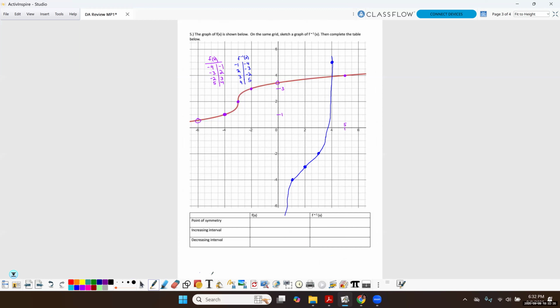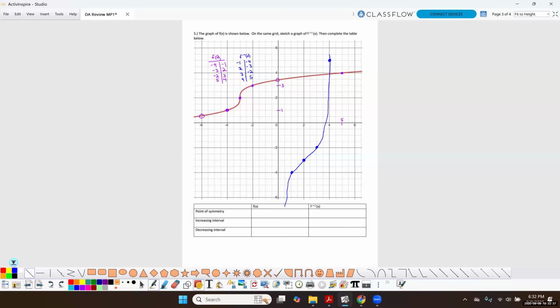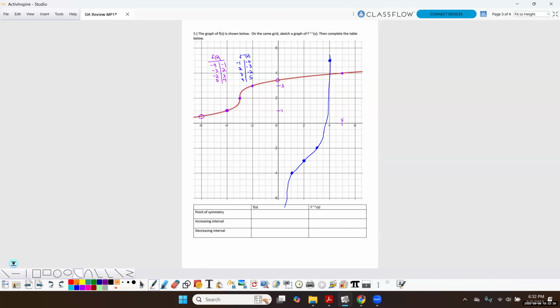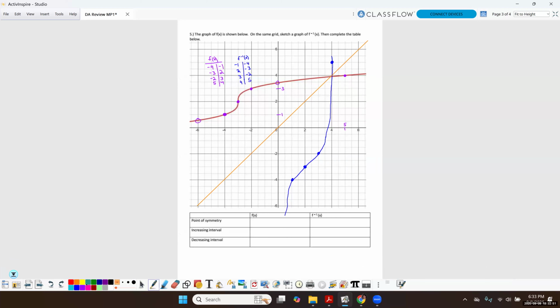And if I think about the fact that this has to be a reflection over the line y equals x, which I'm just going to throw in here in orange. Here's y equals x. You can see that that really does fold nicely over the line y equals x. And if I had not put that other point there, I'll do it in yellow and then I'm going to erase it. Like if I had just tried to swoosh it in like this, this yellow does not look like if I folded on the orange, it would line up with the original graph. So I'm really glad I got that extra point.